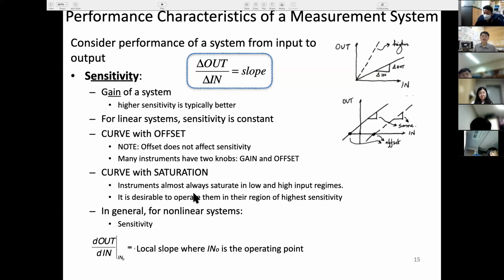So that's why I tell you this is very important. You have to know the limit of your instruments. Okay. Curve with the saturation. So at some point when the input signal is high, the output would be saturated. Okay. So in general, this is what happens.